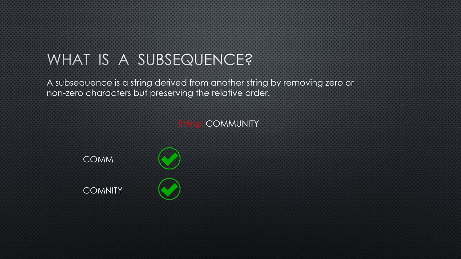So that's why this is a valid subsequence. What about cmmunity? In this case you can see we are removing some part, "mu" something, and we are keeping the rest of the part in here, and still we are maintaining the relative order between the characters, and that's why this is also a valid subsequence.